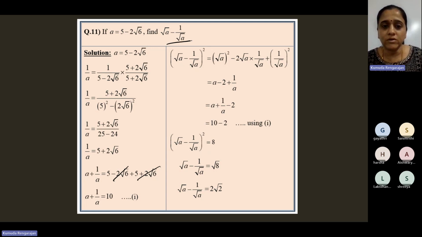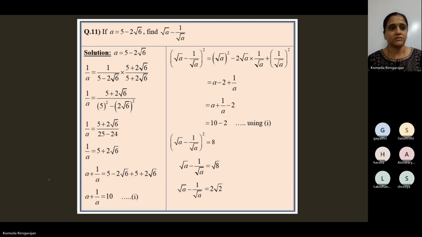Now take up what has to be evaluated and square it. This is an expression, so write root a minus 1 by root a and square it. We need to find the value of this expression. When you square it, you have to expand it. Where are we?